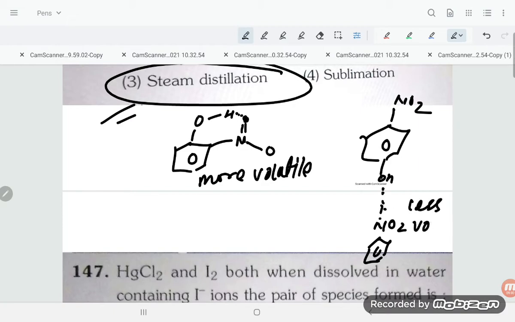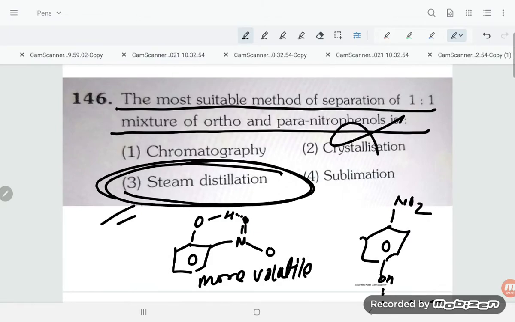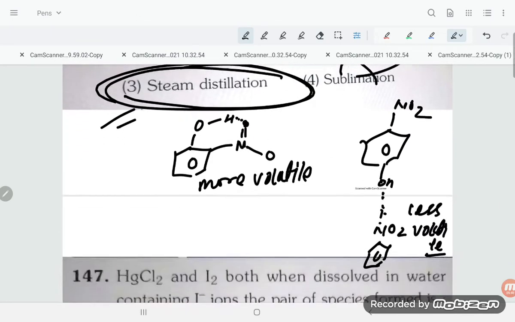Because of this, student, we can separate them with steam. Crystallization, sublimation and chromatography are wrong.